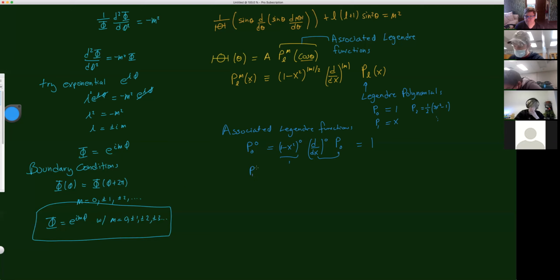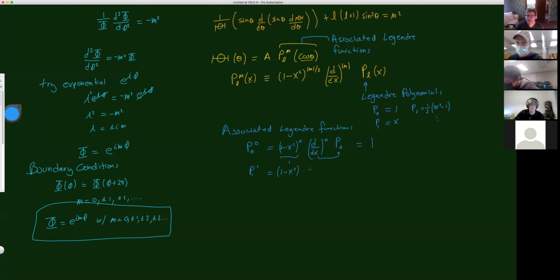What about P11? Okay, so let's see if we can get that. We're going to stick with x, but we'll put cosine theta in there in a minute. Okay, so for P11, this is P1. We need to take 1 minus x squared to the 1, right?